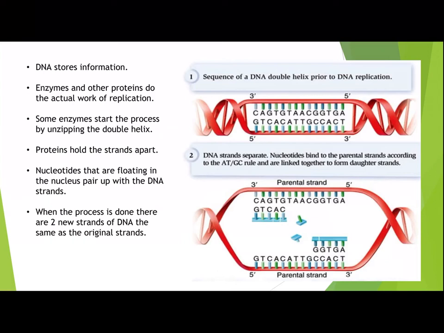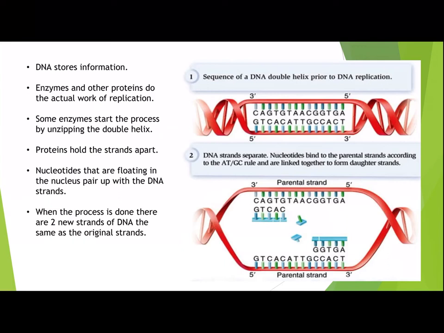So the first bullet point says DNA stores information. And we're going to talk about this more, but when we say DNA stores information, DNA is a code. Just like a computer code is ones and zeros, the DNA code is the base pairs C, G, A, T, G, C. Now, the order of the base pairs.